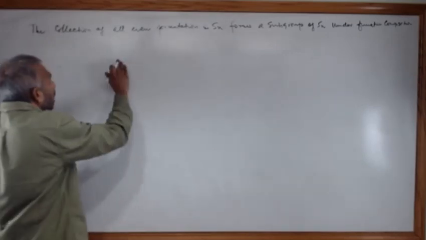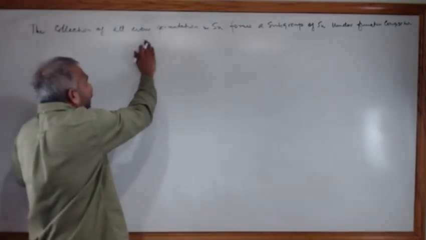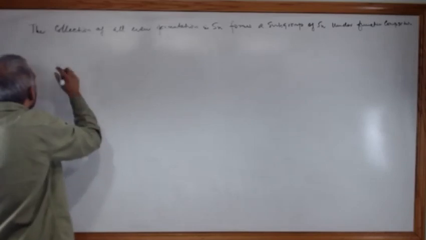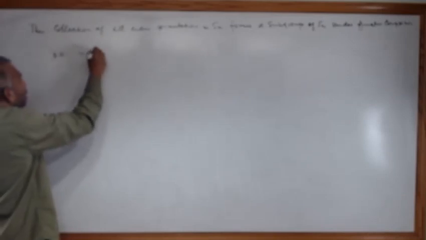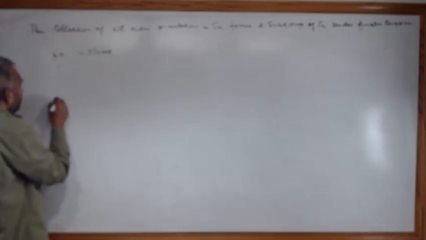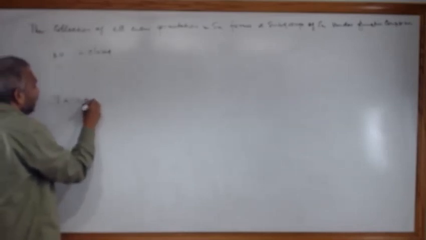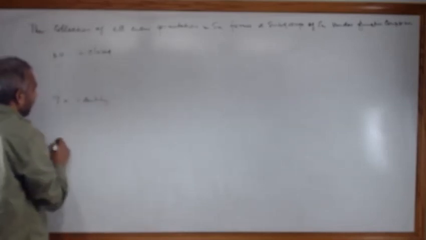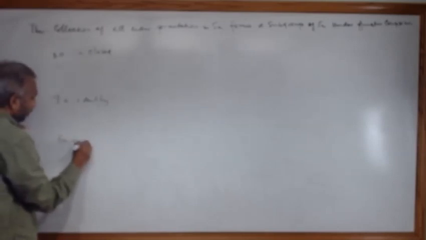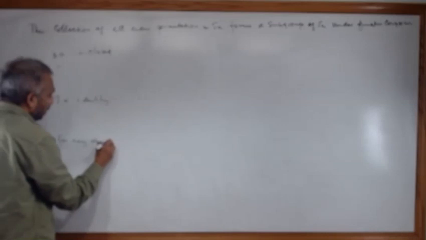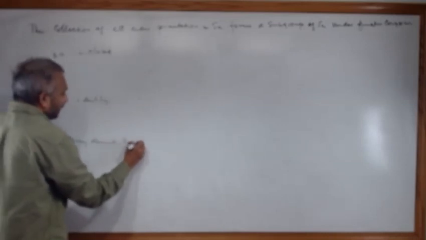Okay, how do you prove a subset is a subgroup? We need to prove that the binary operation is closed. Then we need to prove that there exists an identity, and we need to prove that for every element there exists an inverse.